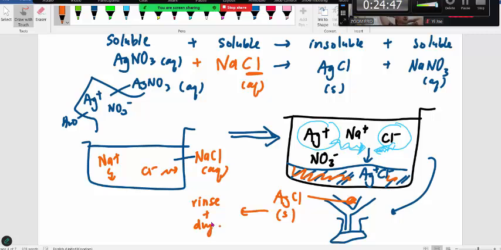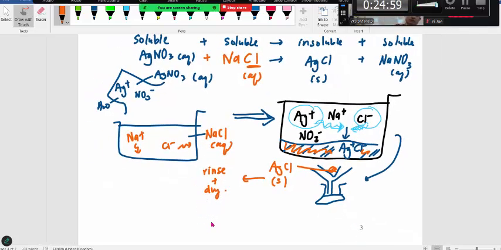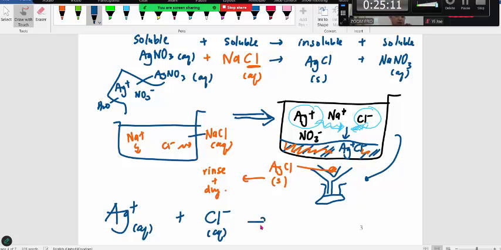Get it? Okay? So every time you want to make insoluble salt, it's always the same method. But you have to start with an aqueous solution. Okay? And what happens is the silver that is in the aqueous solution form and the chloride that is in the aqueous solution form will find each other and become silver chloride solid.